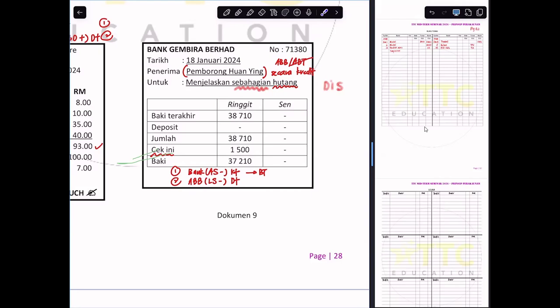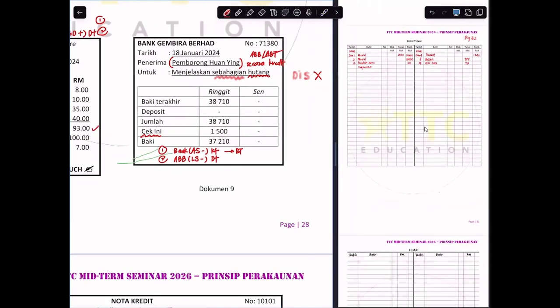You only pay part of your debts. How about the rest? Do you need to pay for the rest in future? Yes, that means can we treat the rest of the discount? No, right? That means if sebahagian, there's no discount. But if it is sepenuh, you pay for the whole thing, then there might be discount, the balance that you don't need to pay. Okay, now record into your buku tunai.